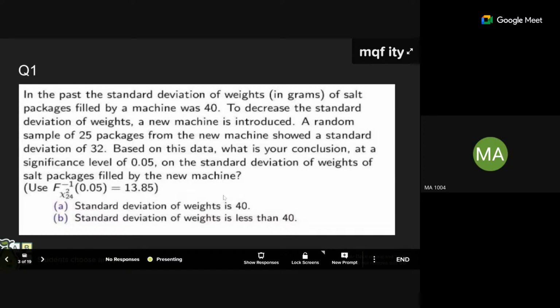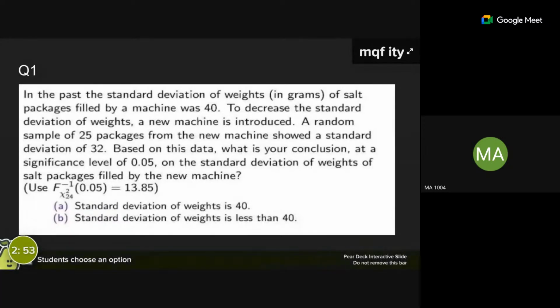Okay, and some values are given to us. So, which hypothesis test would you like to apply there? So, try it. We have discussed such things. Is there any question regarding clarification in the question itself?